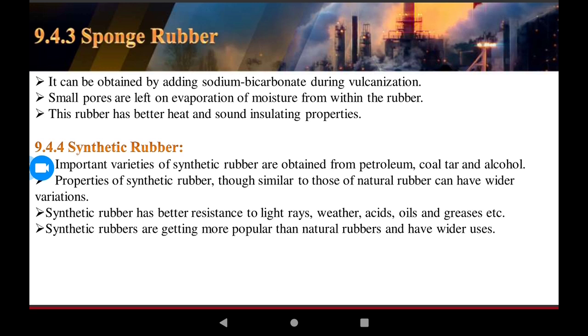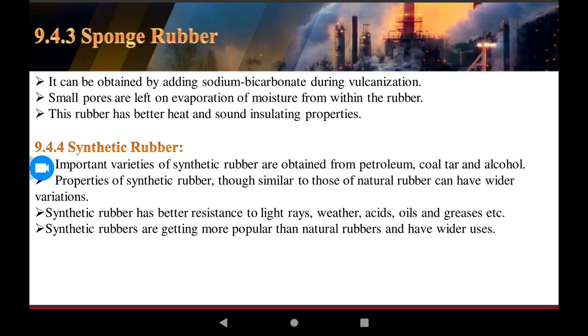The properties of synthetic rubber are engineered by humans, changing the natural properties of rubber to meet the requirements of human needs.